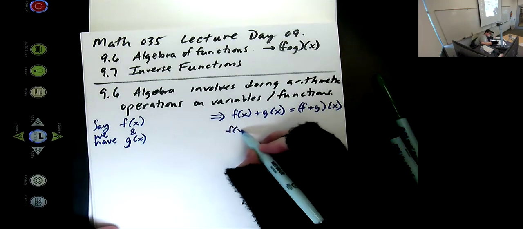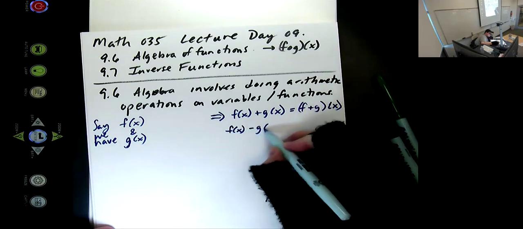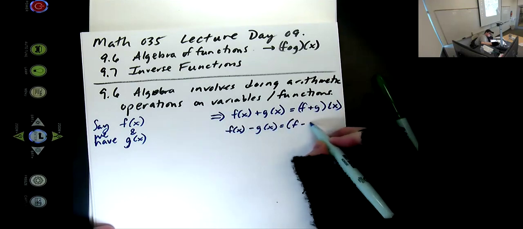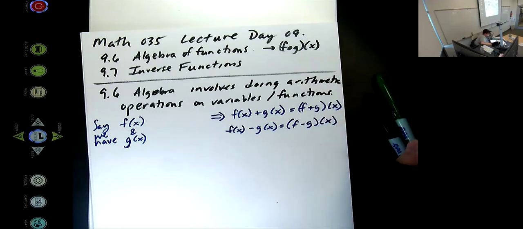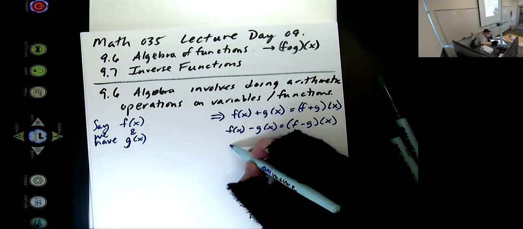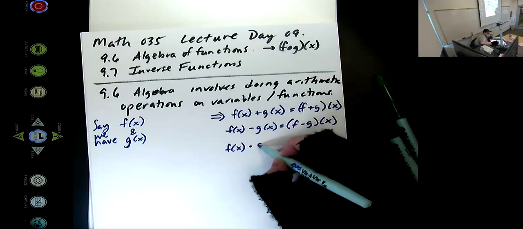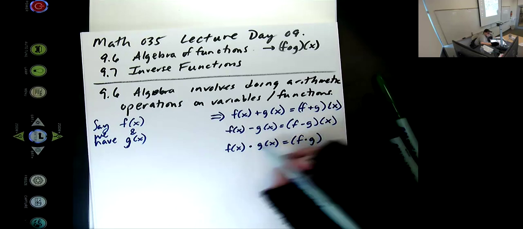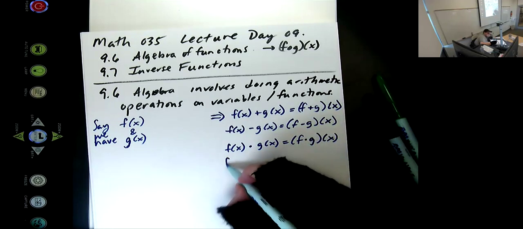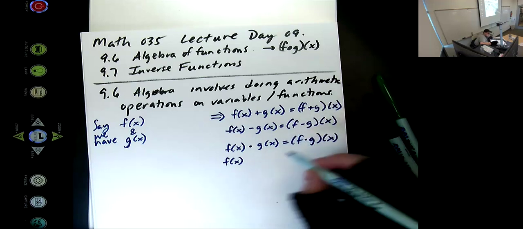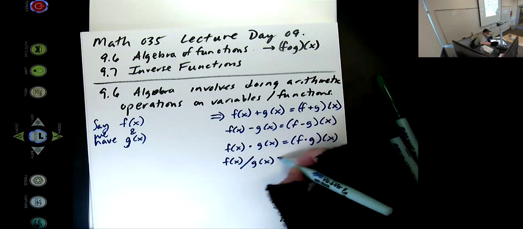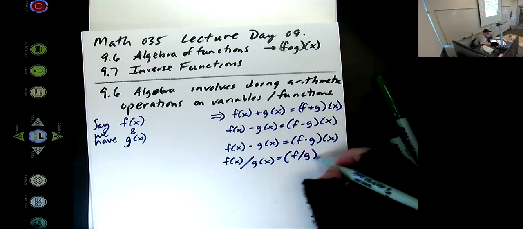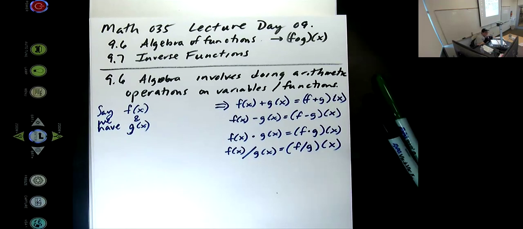And if we want to do subtraction, which is basically the opposite of addition, same shortcut, but with the minus sign. In fact, this applies to all of our basic arithmetic operations. In this case, this is a dot for multiplication. Those are our shorthand forms of doing algebra with functions.